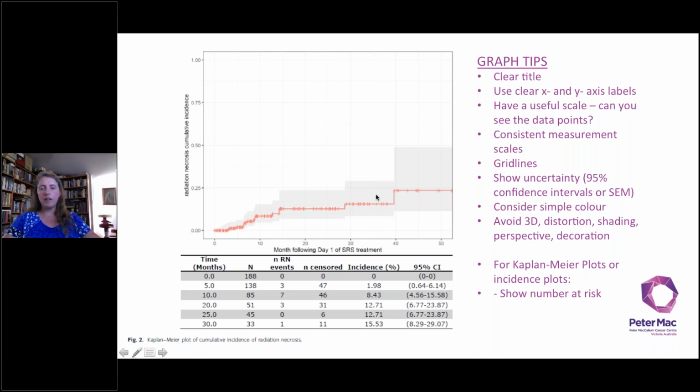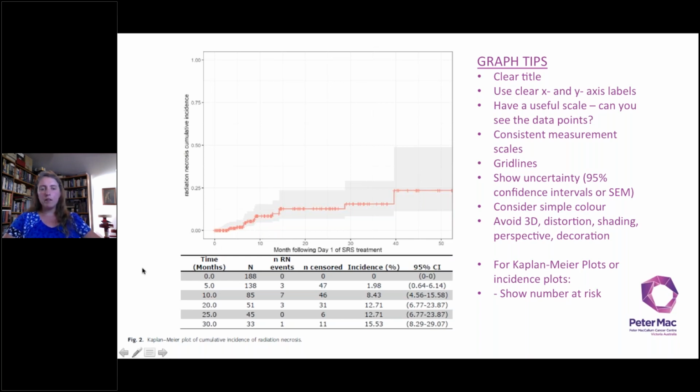Or equivalently, if there was nothing out here, it would definitely make sense to restrict the axis limits to something important for the study and what the data is showing.